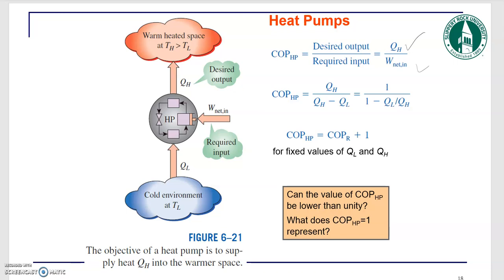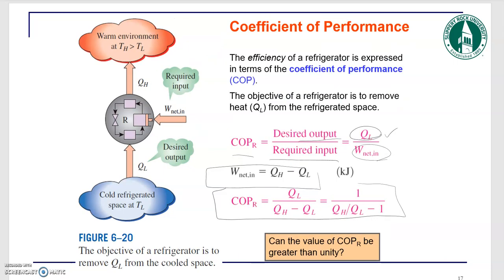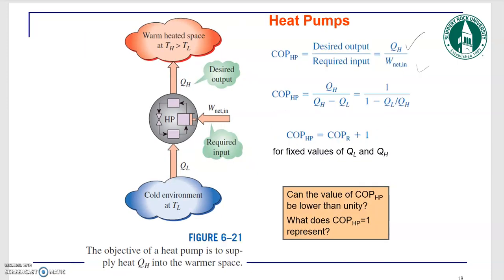And if you have a heat pump and a refrigerator, and they have the same QL and the same QH, you can combine this equation with this equation and find that the coefficient of performance of heat pumps is always greater than 1, and it's related to the coefficient of performance of refrigerators by this equation.